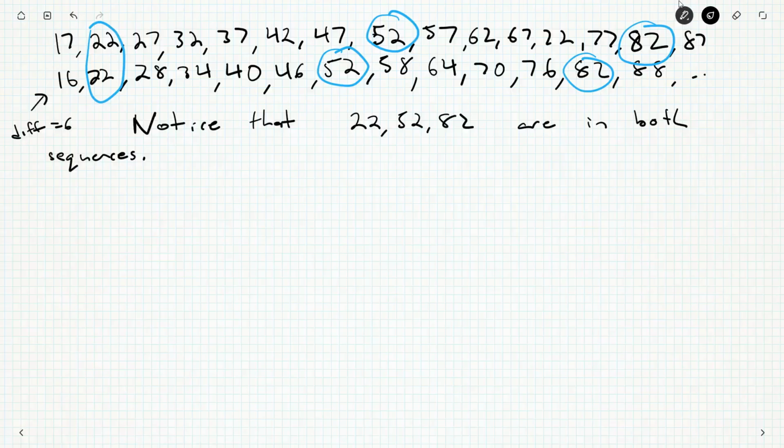So, starting from 22, how do we get to 52? 22 is the second term in the first sequence.